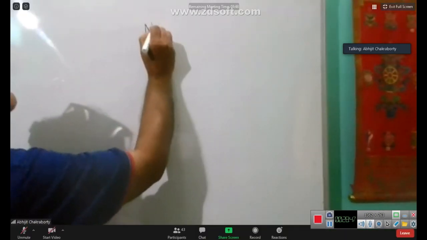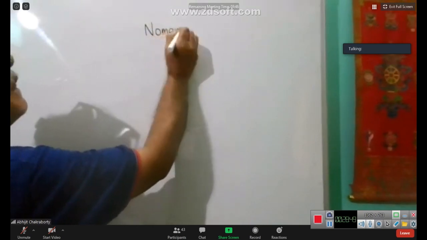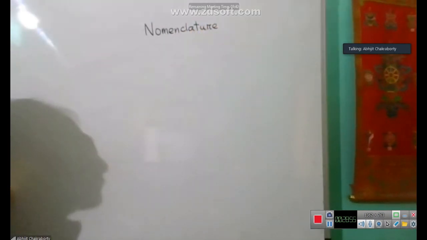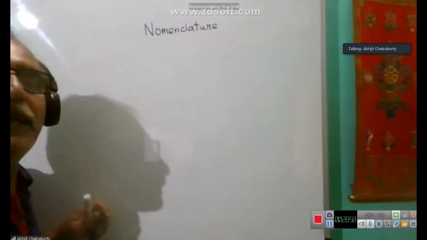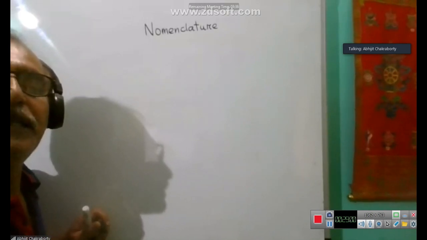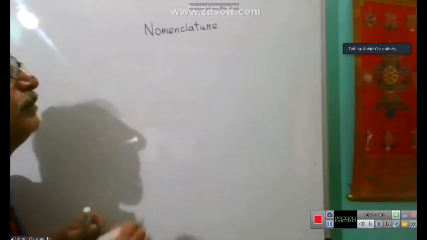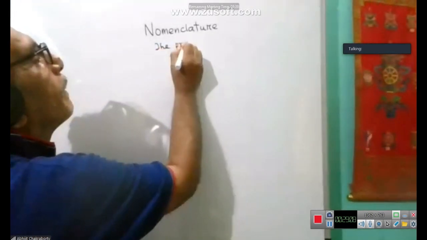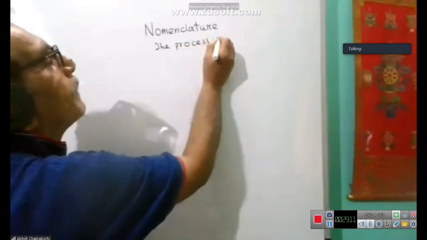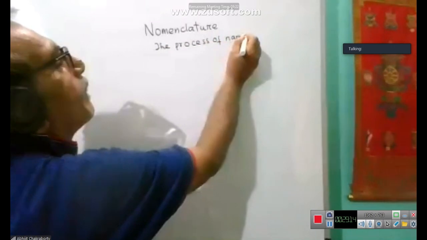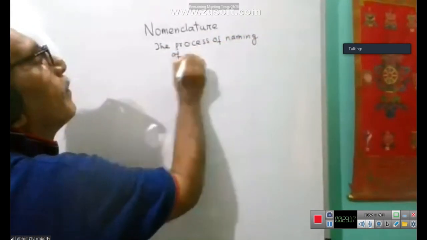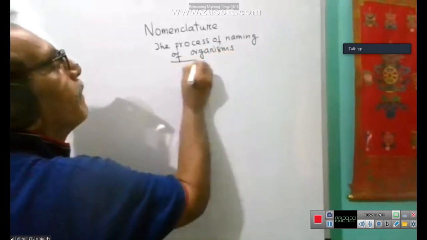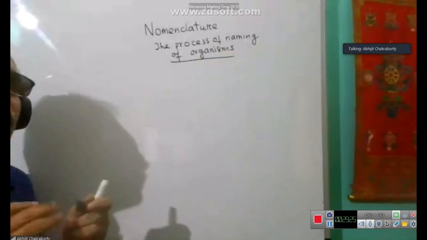Next one. Nomenclature. This is the process of naming of organisms. This is nomenclature.